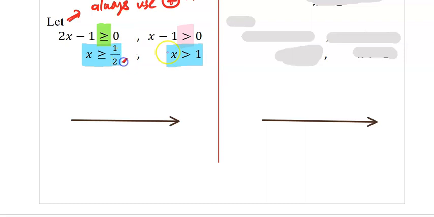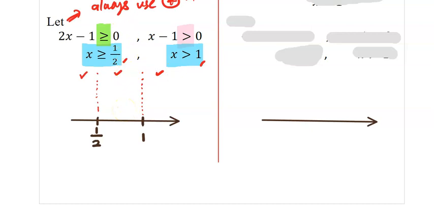By referring to the numbering here, we put these numbers into our number line, where I have 1 over 2, 1. And this will help us to identify the intervals involved, where in this case we consider the first, second and third interval for considering solutions later.